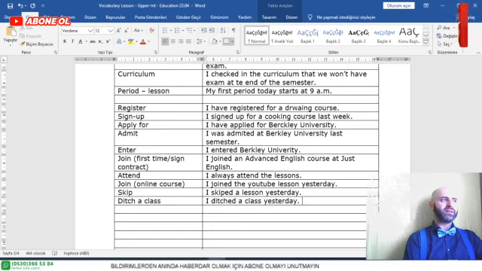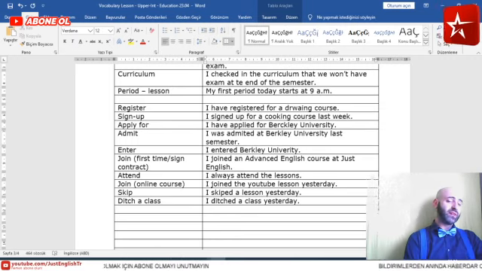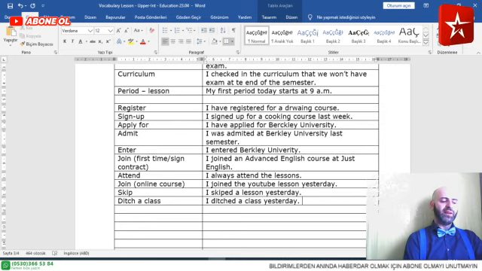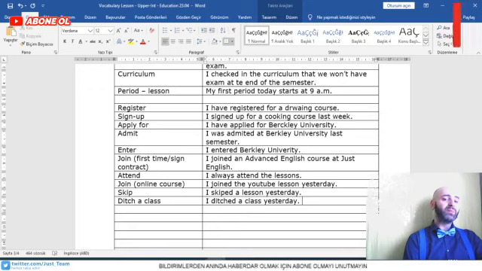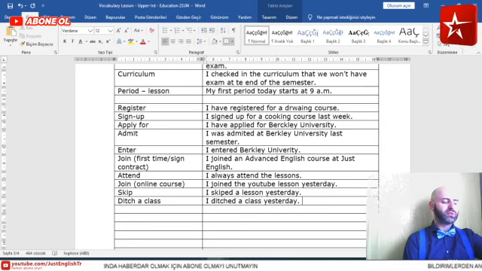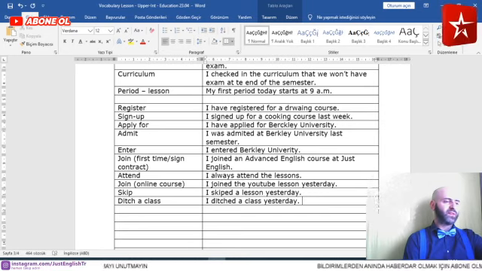In that situation, Billy has some problems with his family and then with his friends. And there is a sentence, Billy played truant. It has the same meaning as ditching a class. When you don't go to school, you can also use this phrase, play truant.